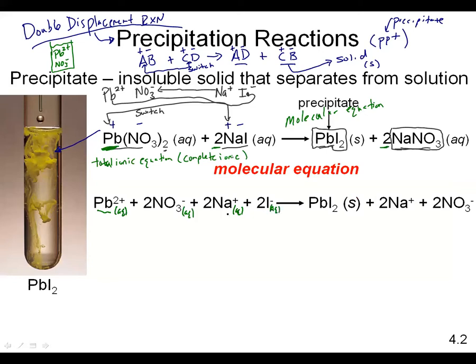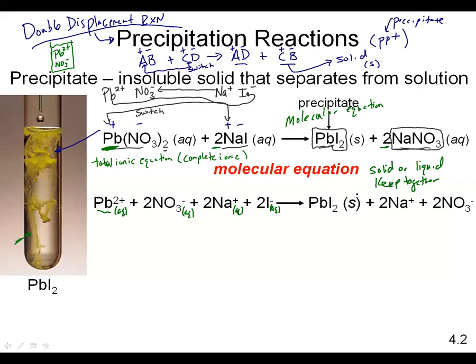Now, when we come to the other side, we run into our precipitate, which is our solid. So in solution, like you can kind of see in this picture, our precipitate will basically stay together. If it didn't stay together, then it would be ions. So when you write a total ionic equation, anything that is a solid or a liquid, you keep together.